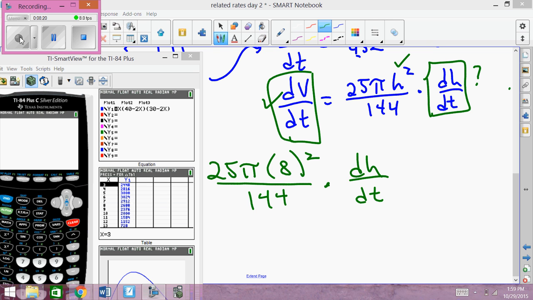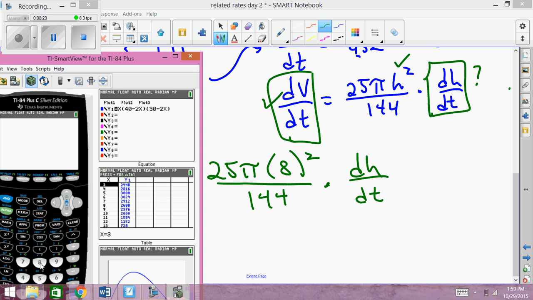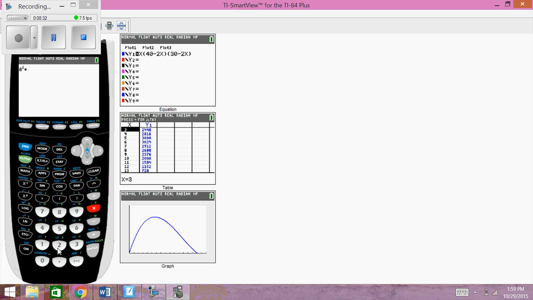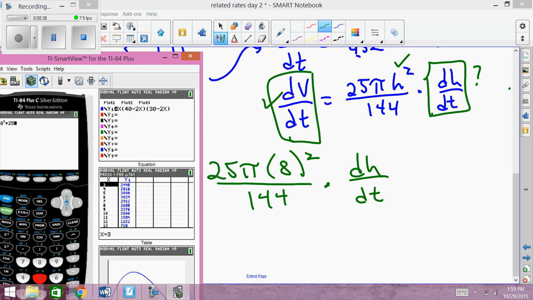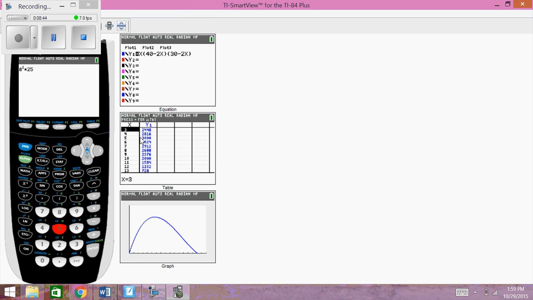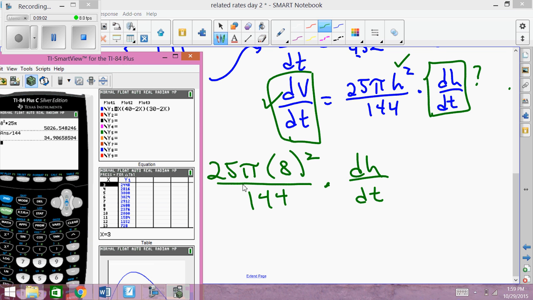I'm going to need my calculator for this, not going to lie. So I get 8 squared times 25 pi divided by 144. Let's see if that works.